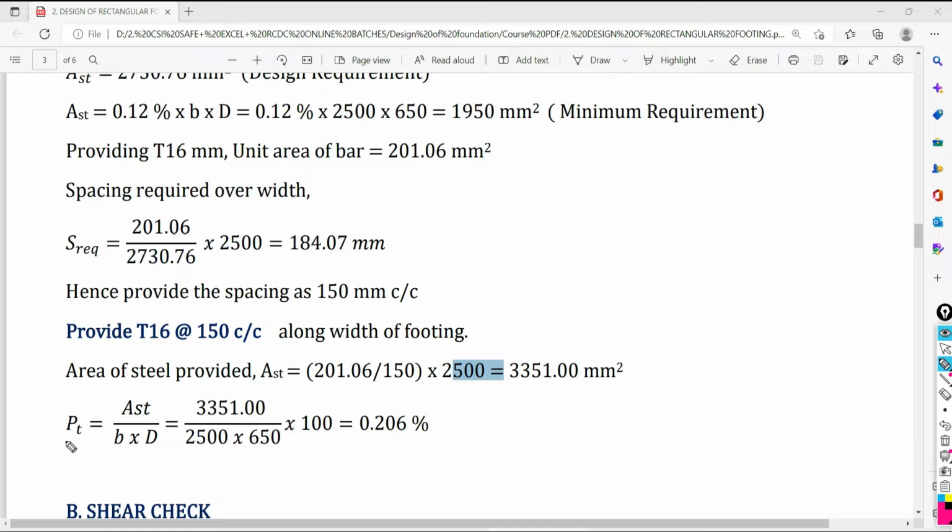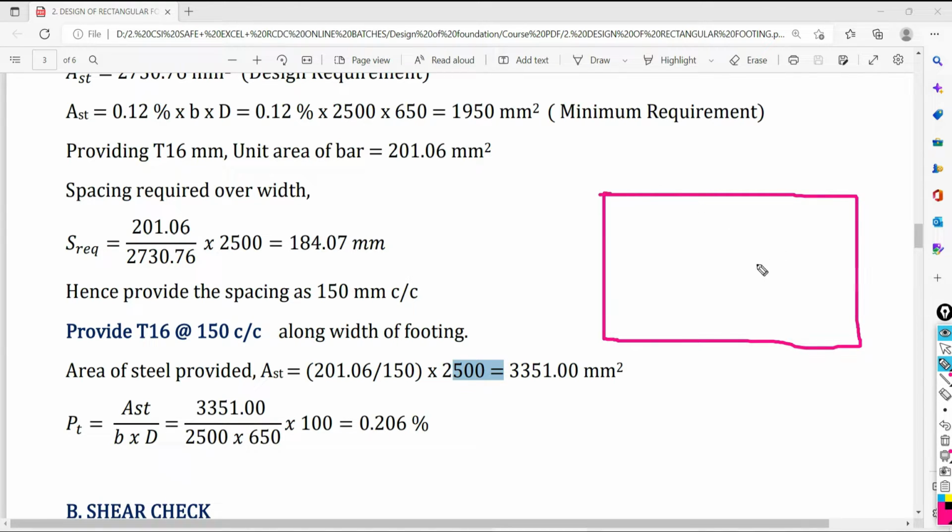If you find out the percentage of reinforcement provided, AST divided by B into D, putting the provided area of reinforcement divided by the width considered 2500 multiplied by overall depth, you are getting the provided percentage of reinforcement again as 0.206. So that is how to calculate the reinforcement along the width of the footing. We have finalized the reinforcement along the length and along the width.